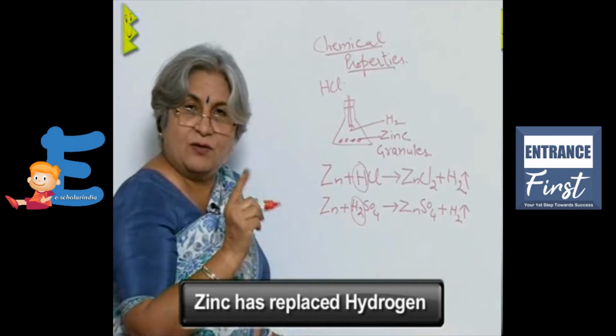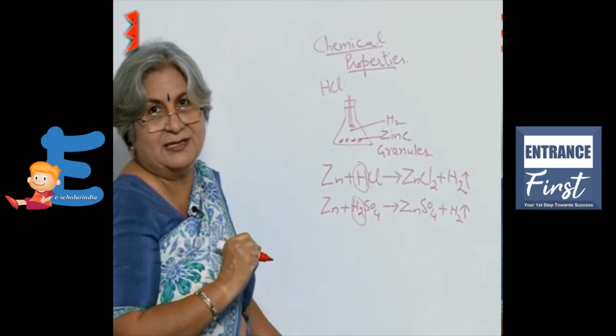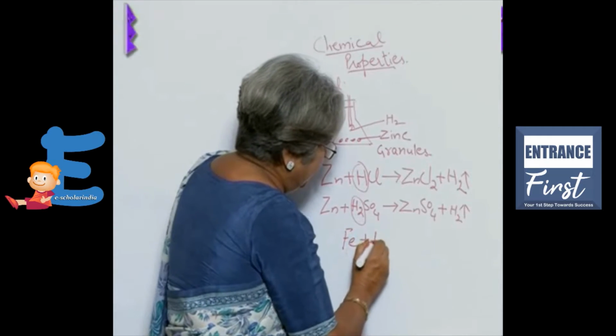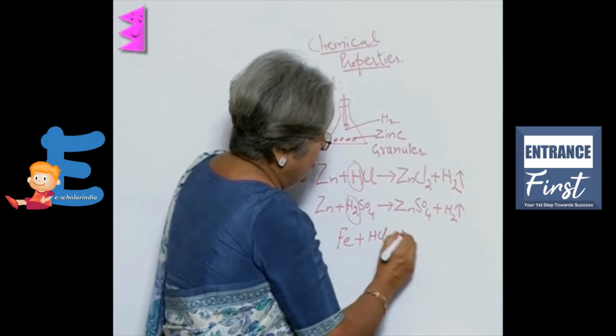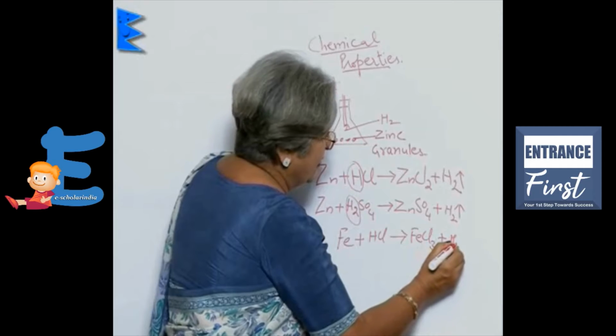Now can this be done only with zinc? No. It can be done with other metals as well. For example, you can take iron. What you will get is ferric chloride and hydrogen.